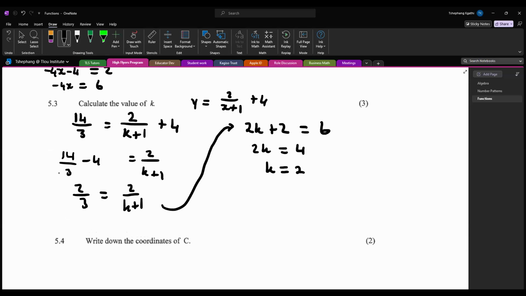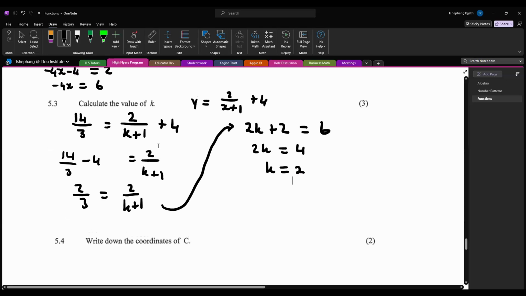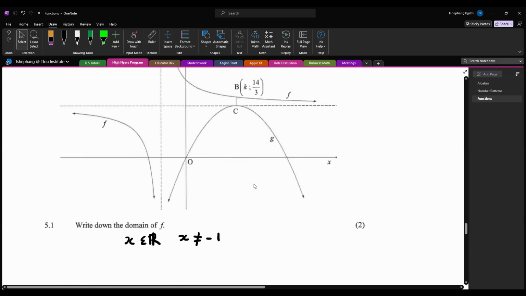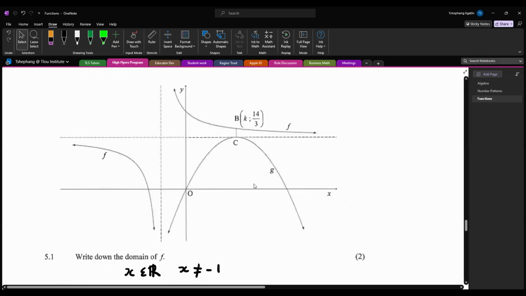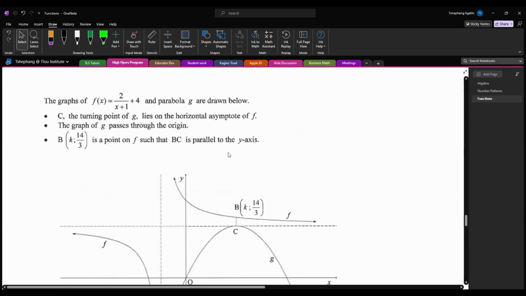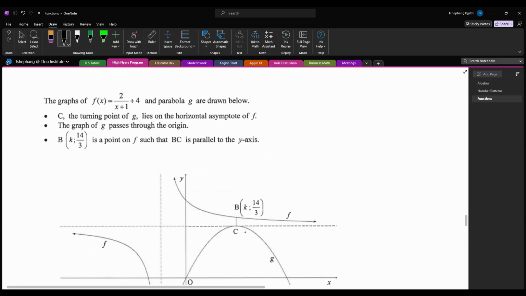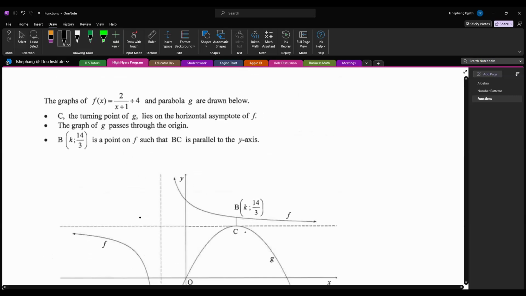Now, write down the coordinates of C. Let's go back to find C. Those are the coordinates of the turning point of G. Now, do we know anything about G? No, we don't, but we know what this is. That horizontal asymptote is going to be at positive 4, right?